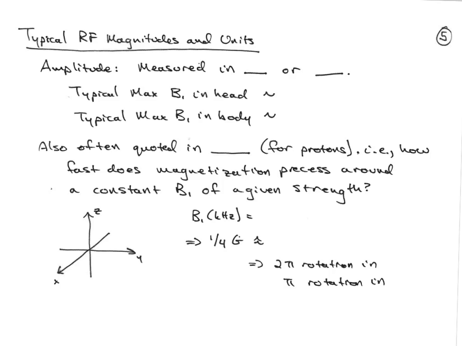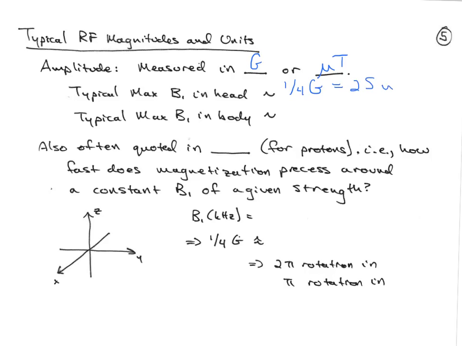Now, just so you know the units and understand some of the parlance of RF pulses, I'll talk about typical RF magnitudes and units. Amplitudes of RF pulses are typically measured in units of Gauss or in microtesla. The typical max B1 magnitude, RF field magnitude in the head, is about 1/4 Gauss, and that is equal to 25 microtesla.